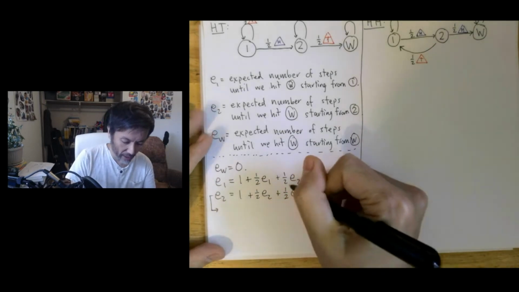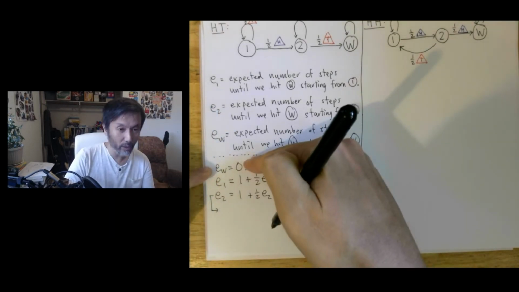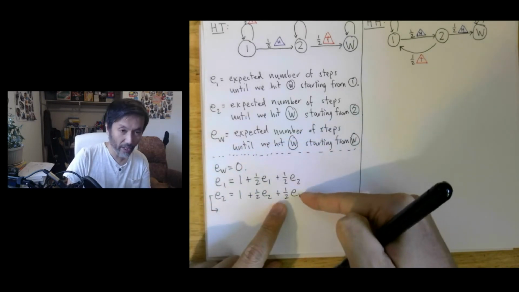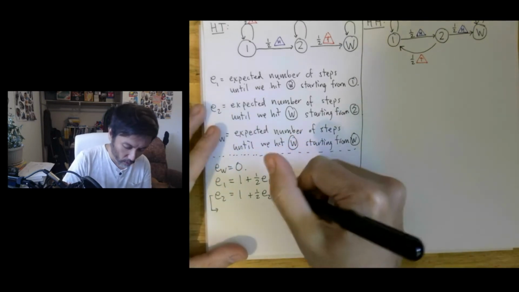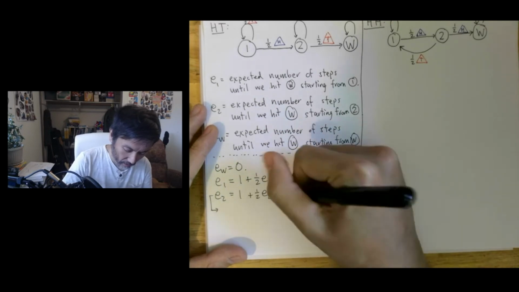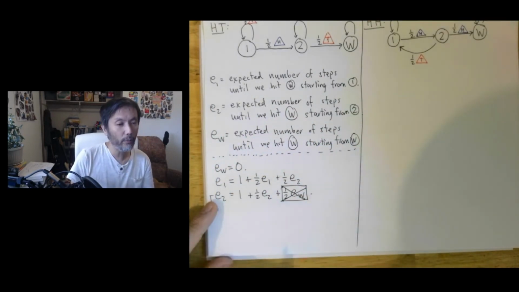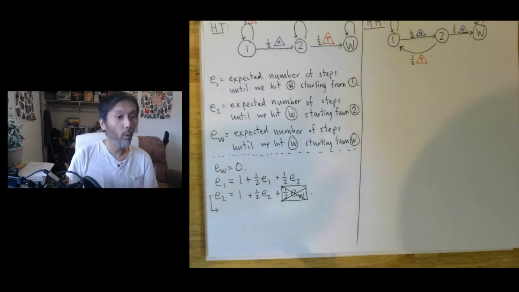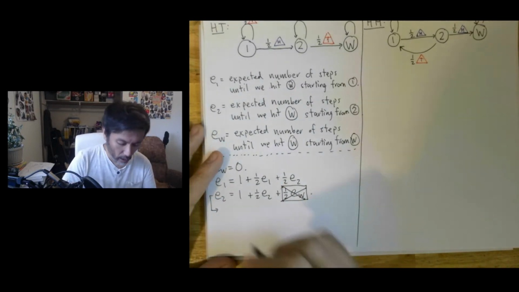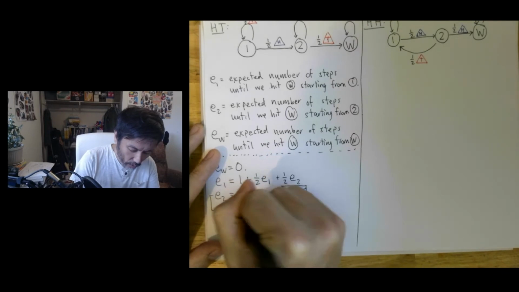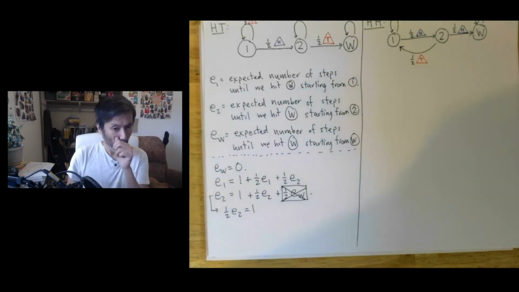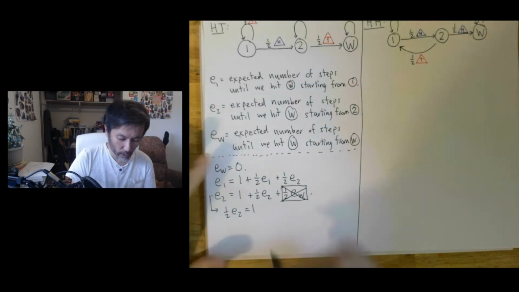First of all, we can realize that because EW is equal to 0, this term right here is 0. So we can just sort of kill it, dead. Then we can subtract 1/2 E2 from both sides to obtain that 1/2 E2 is equal to 1. And this, of course, implies that E2 is equal to 2.